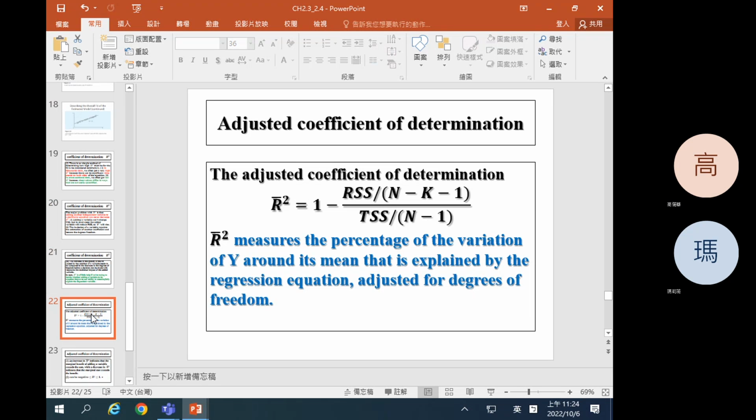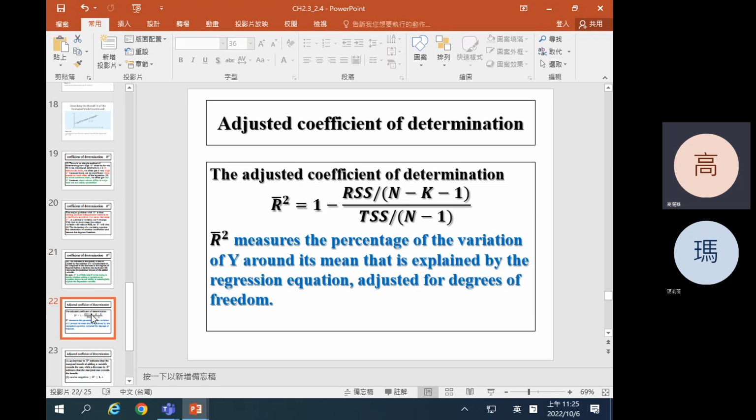R squared, then we say that is ESS divided by TSS, which is also equal to 1 minus RSS divided by TSS, right? Nobody has any problem with this one, right?